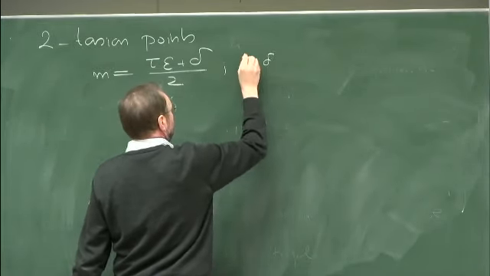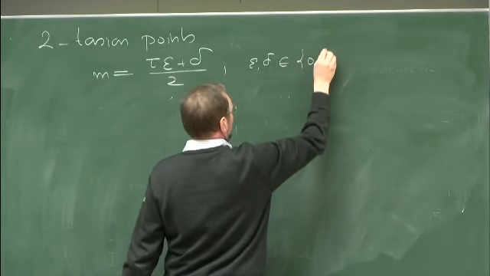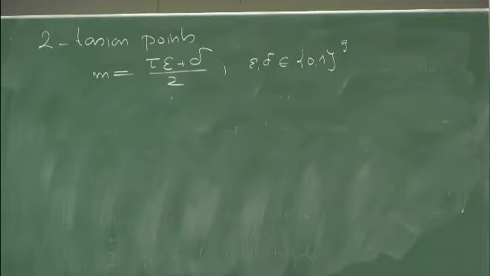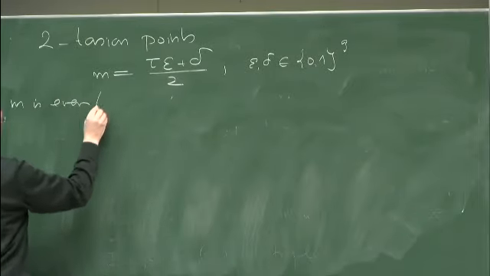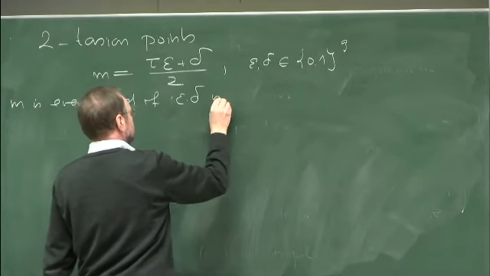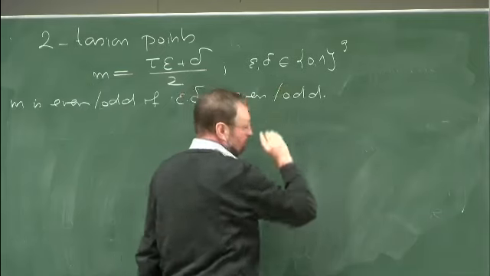The epsilon, delta are in {0,1}^g, and then what I said before, m is even or odd if epsilon delta is even or odd.